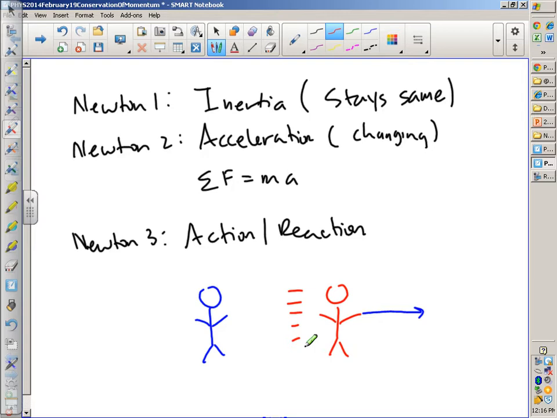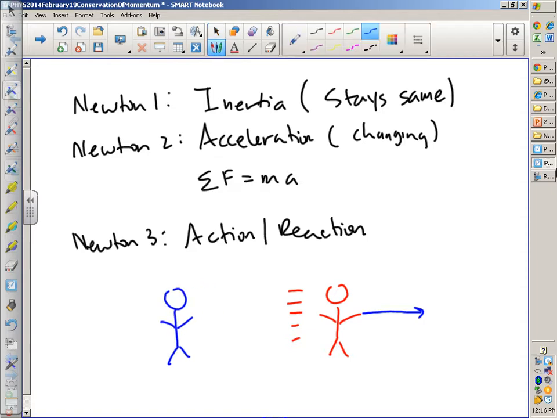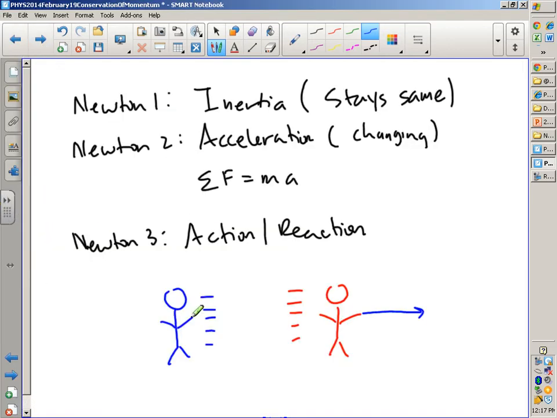However, as you may have noticed, blue will also start moving, but blue will start moving in this direction. Even though technically blue applied the force to red, blue starts moving as well. Because, as we just talked about, forces come in pairs.